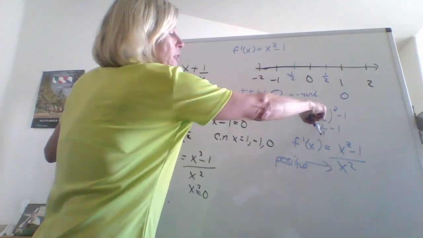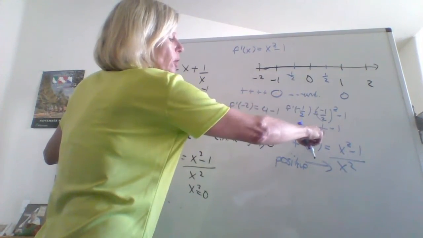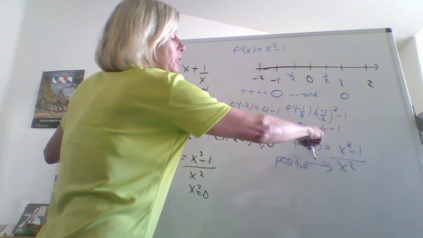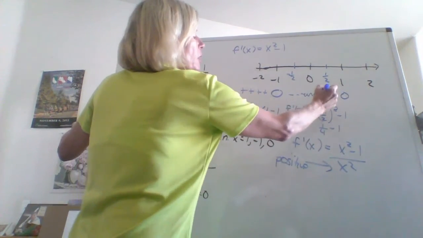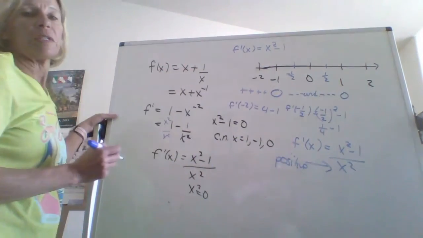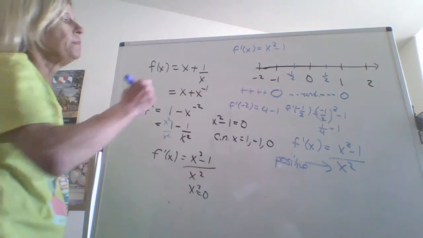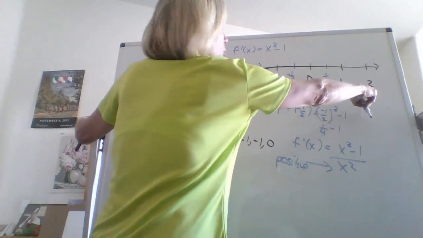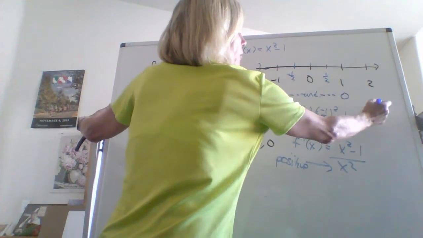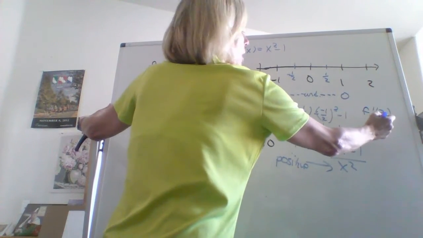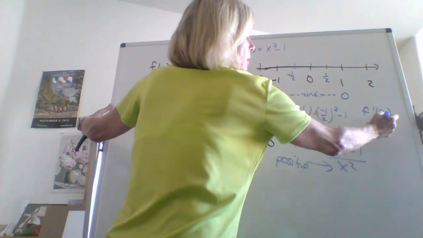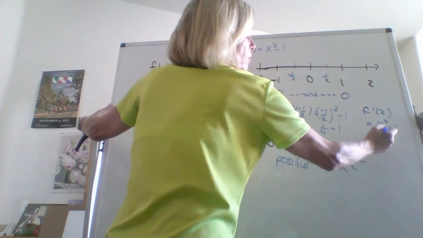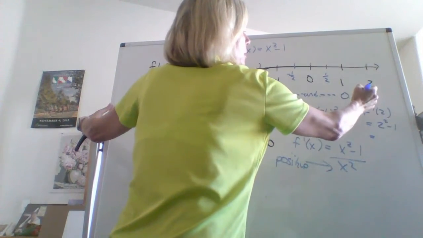If I put a positive 1/2 here and square it, I'm still going to get a positive 1/4. So this interval will still be negative. I'm going to try 2. F prime of 2, 2 squared minus 1. 4 minus 1 is positive.